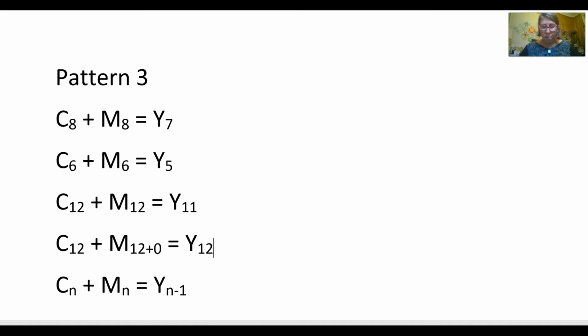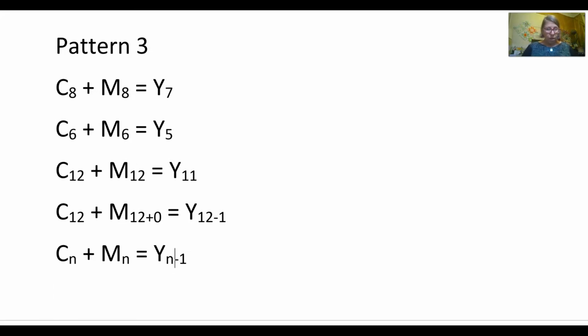And here's 12 minus 1. I subtracted 1 from 12 to get 11. And let's see, yep, this imitates that. n, that's my 12. n plus 0, but that's just n. n plus 0 is n. And then n minus 1, 12 minus 1. So that's how I want you to start thinking about the patterns.